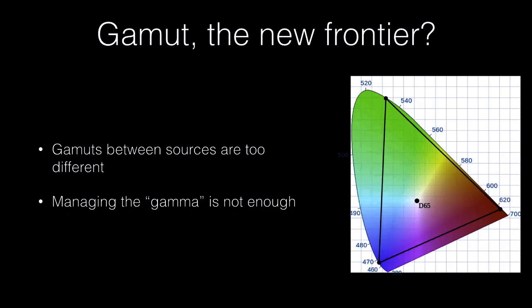Actually, in most workflows until now, we don't really manage the primaries because they were pretty easy to match together. Now that we have a new type of sources, it's a much bigger challenge to make sure things look the same, especially with high dynamic range cameras and imagery.